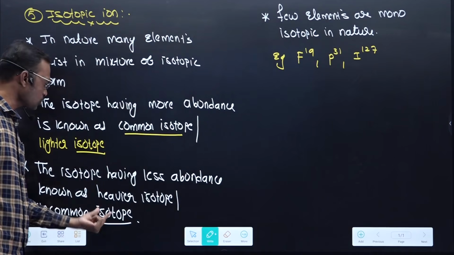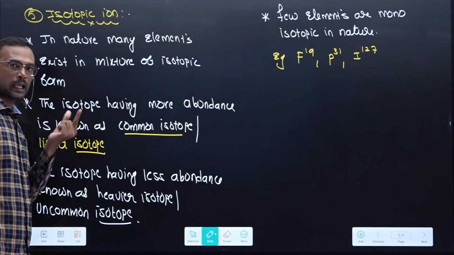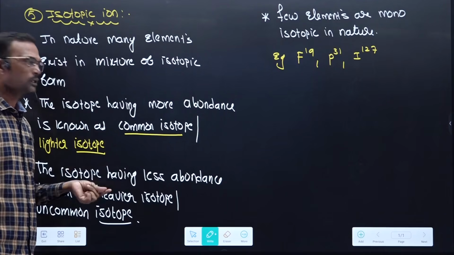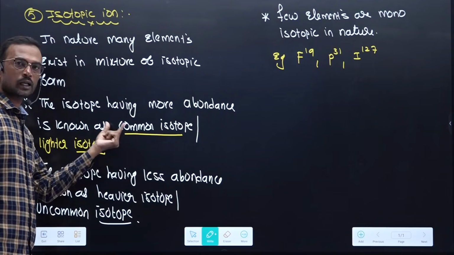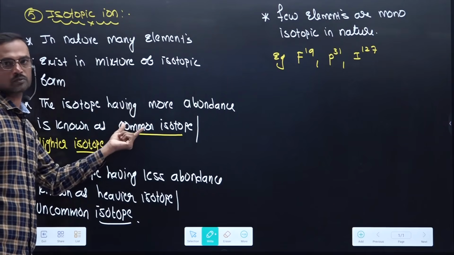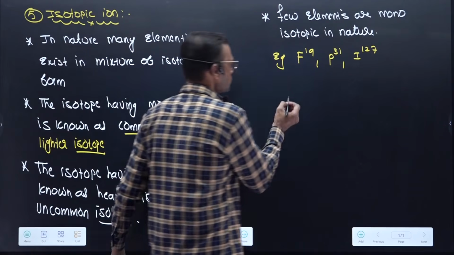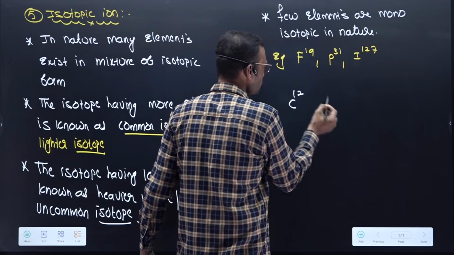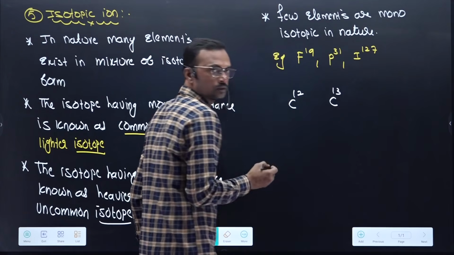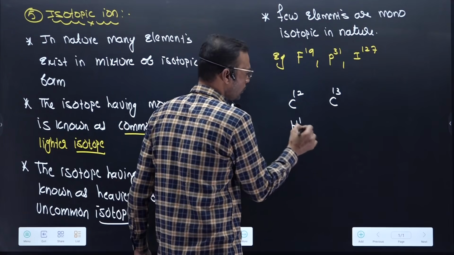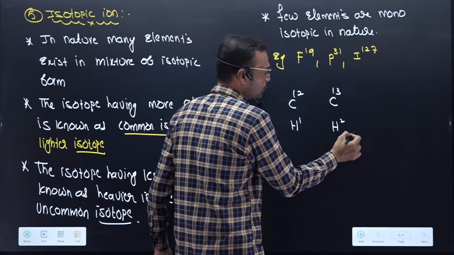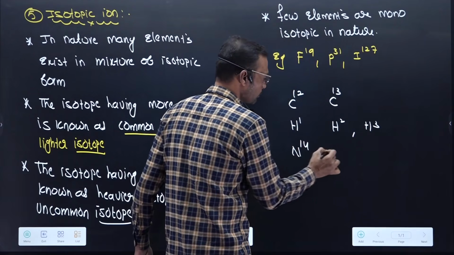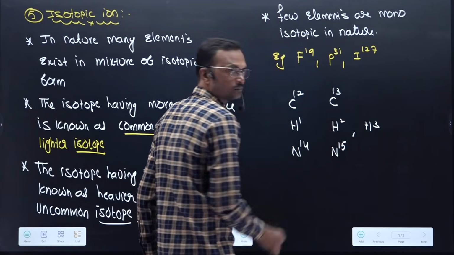This is called the heavier isotope and this is the lighter isotope. In calculating the m/z value of any sample molecule, we need to take the mass of the lighter isotope of the corresponding elements. Suppose carbon: lighter isotope 12, and this is the heavier isotope. Hydrogen 1, and here 2 and 3 will be there; these are heavier isotopes. Nitrogen 14; nitrogen also exists as 15.